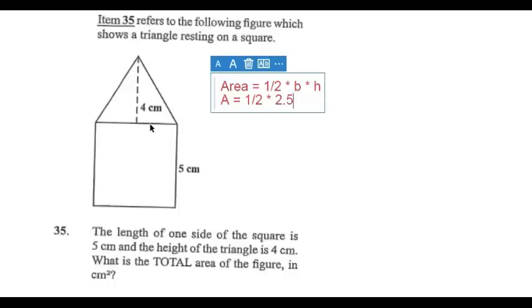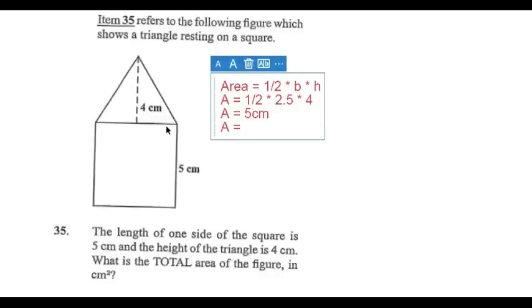So it is half multiplied by 2.5 multiplied by height of 4 centimeters, and that is equal to 5. So therefore the area for one triangle is 5 centimeters square.